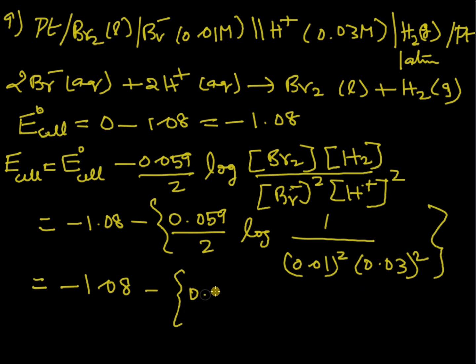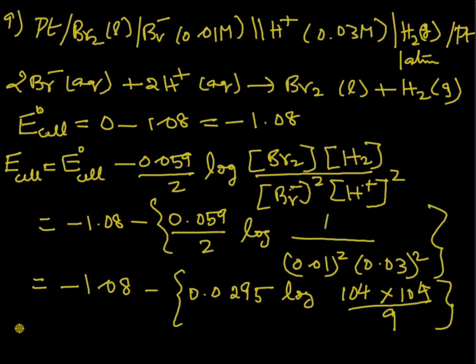We can write it as 0.0295, and here I would do it this way: 10 to the power 4 into 10 to the power 4 by 9. This will give you a value of minus 1.08 minus 0.0295 into 7.0458.